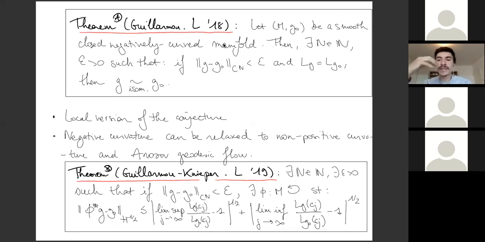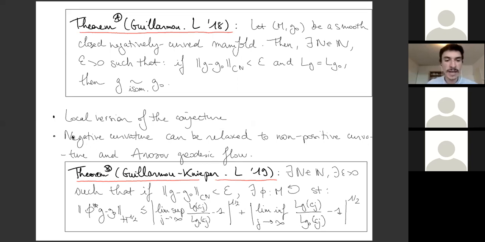What we proved is that there is an integer n and a small epsilon, strictly positive, such that if you look at the metrics which are epsilon close to g0 in the C^n topology, and you assume that your metric g has the same Mark-Lane spectrum as g0, then g is actually isometric to g0. So this is really a local version of the conjecture. Of course, the global statement would be to get rid of this epsilon here. But this is really the hard part, and for the moment, it's an open question.